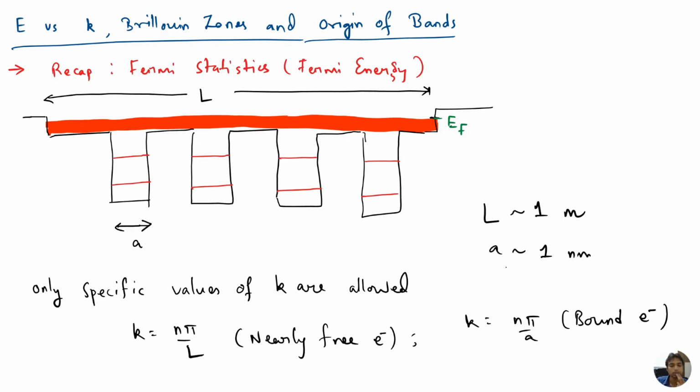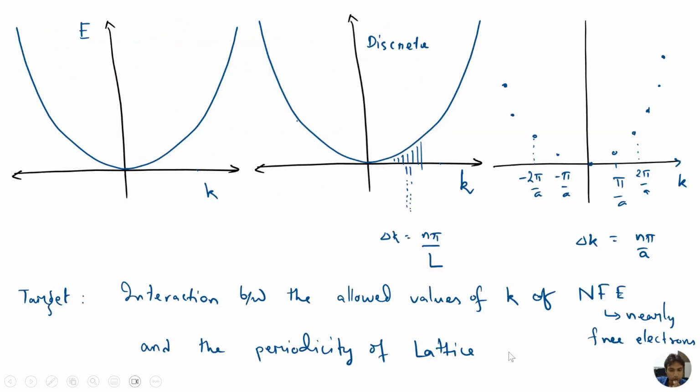L is 1 meter and a is of the order of 1 nanometer. For nearly free electrons, the allowed k values are n pi by L, and for the bound electrons it is n pi by a. If it is totally free electron, then E equals h bar square k square by 2m, and k is continuous. Since k is continuous, we will have a parabola.